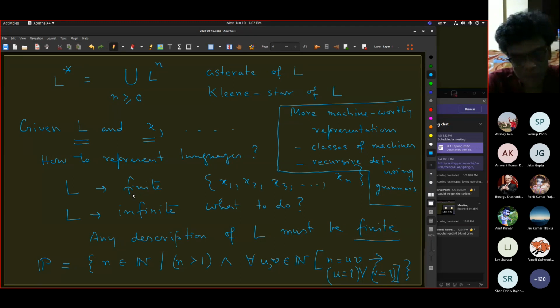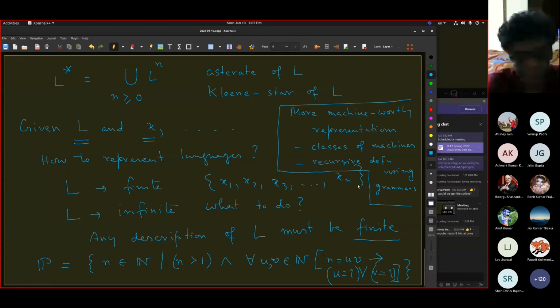But whether we are dealing with finite languages or infinite languages, our description of L must be finite. That's a different thing. Finite languages do not pose any problem in a finite representation, because every element of that language is a string, which is a finite thing, and there are finitely many such strings, so we'll just write them one after another.